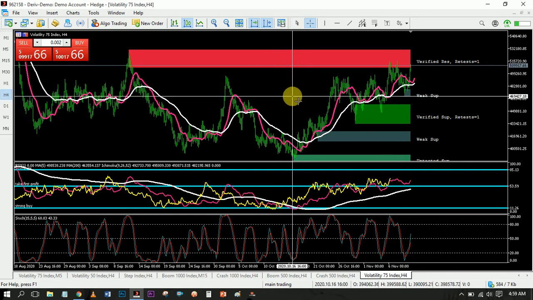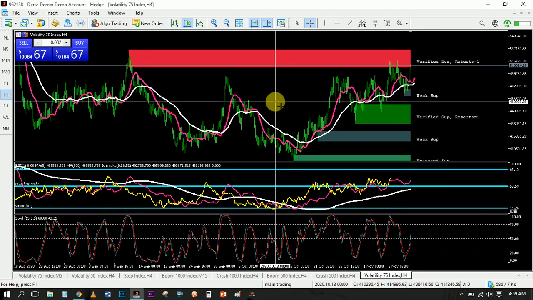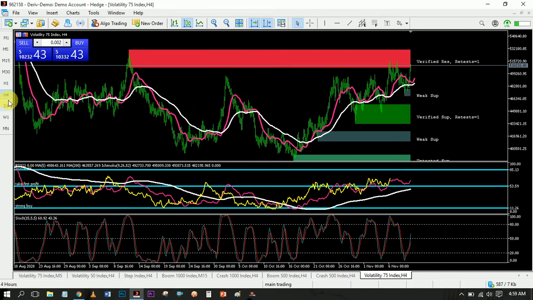Okay, now I believe that right now everybody knows how to set up the endpoint Ichimoku strategy.